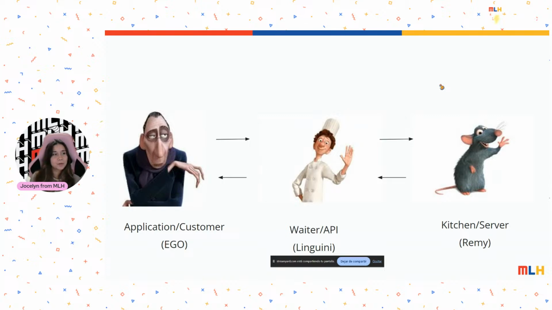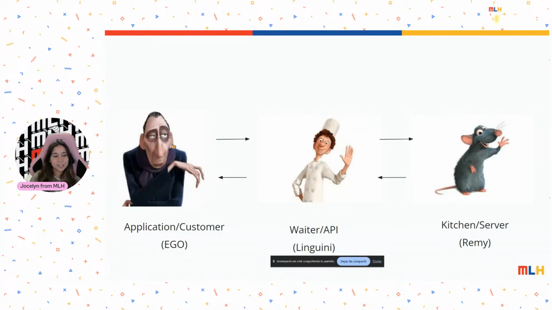Okay, so this is a very visual example about what an API is. And before going through super technical concepts, I would like to explain this fun example. Let's imagine that our API is the waiter that gets you introduced into a restaurant and takes your order. So let's imagine that our API is Linguini from Ratatouille.